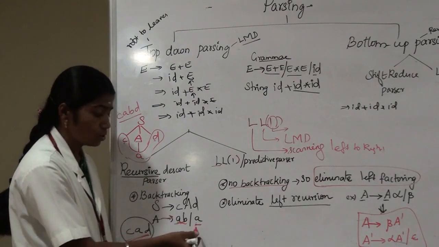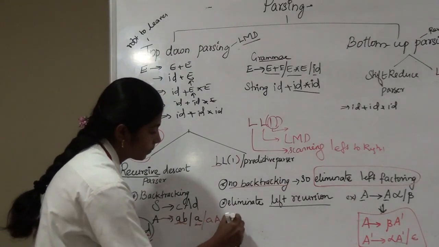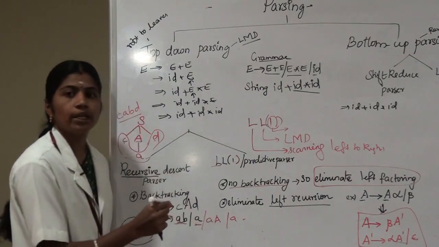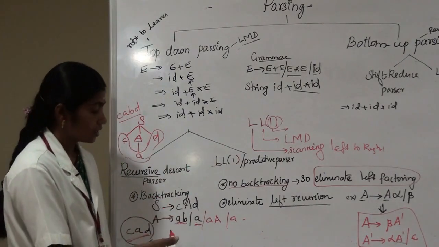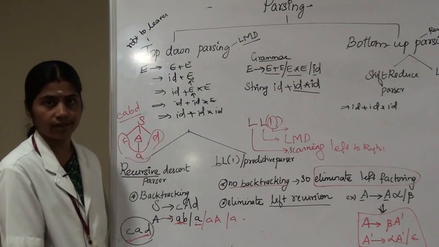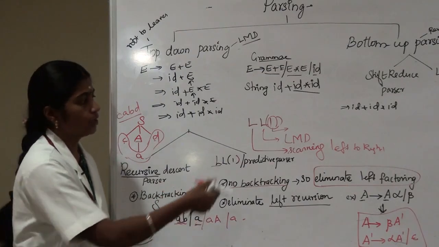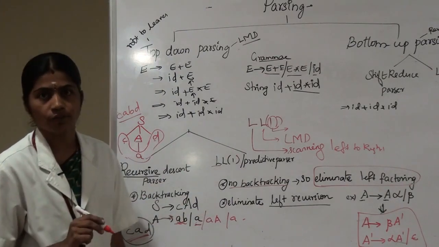Here it is only two, so no problem. Suppose you have a lot of alternatives like this, all beginning with a common prefix A. In such a case you are confused about choosing the correct alternative. So in order to remove this confusion, you eliminate left factoring from your grammar.